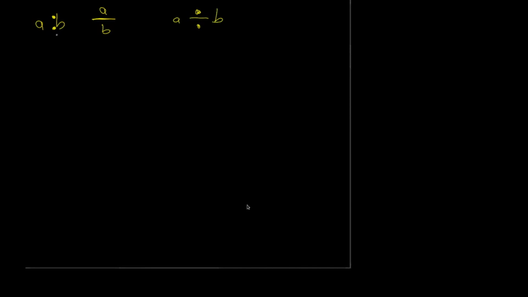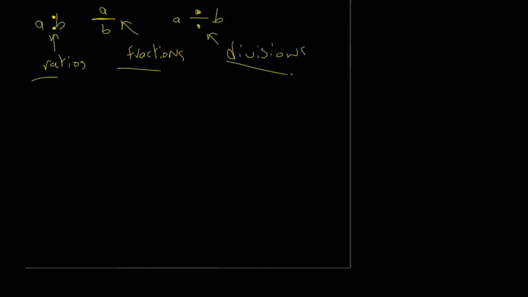It's really where it came from. This was used mainly to talk about ratios. This is used to talk about fractions. And this is used to talk about divisions. These are all a language difference on how we use it. To the quantity, they're all the same things.